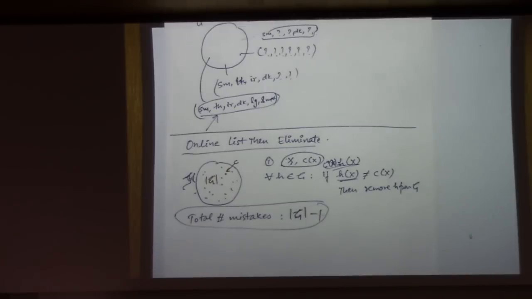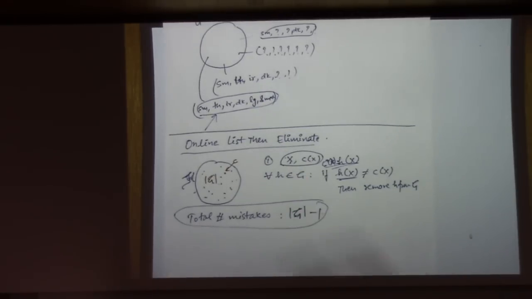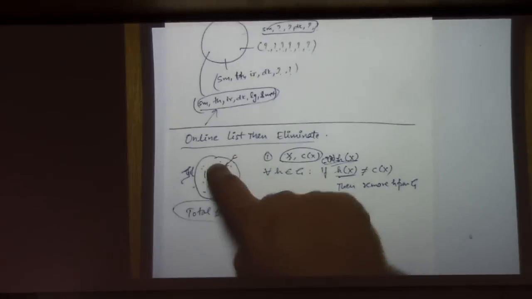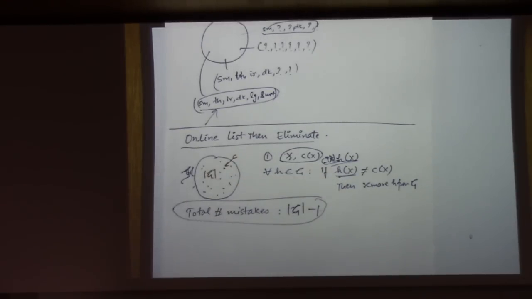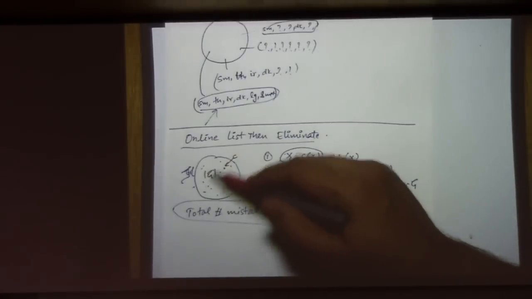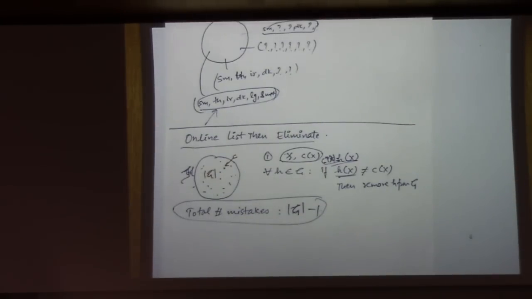When you get a training example X, you take one concept from this set and make the prediction based on that. You can either make a mistake or not. If you make a mistake, you toss that concept out of the set. So every time you make a mistake, you toss one concept out, and there are only these many concepts. So the number of mistakes you can make before it becomes empty is the size of C.